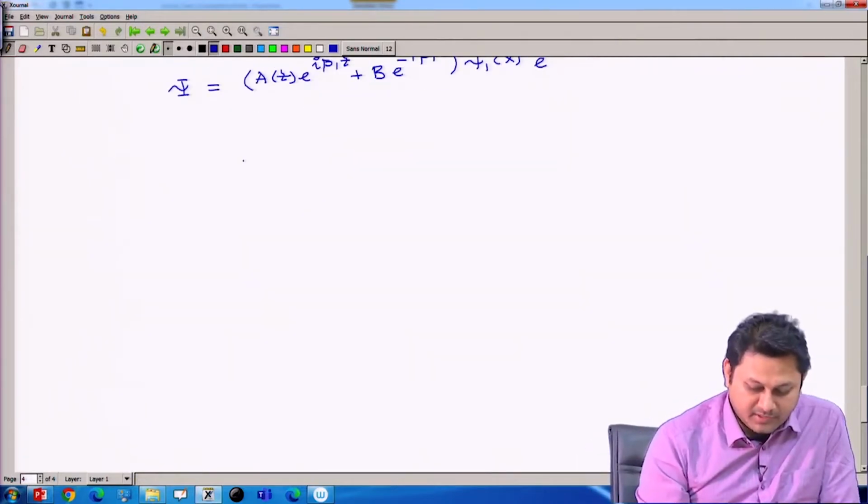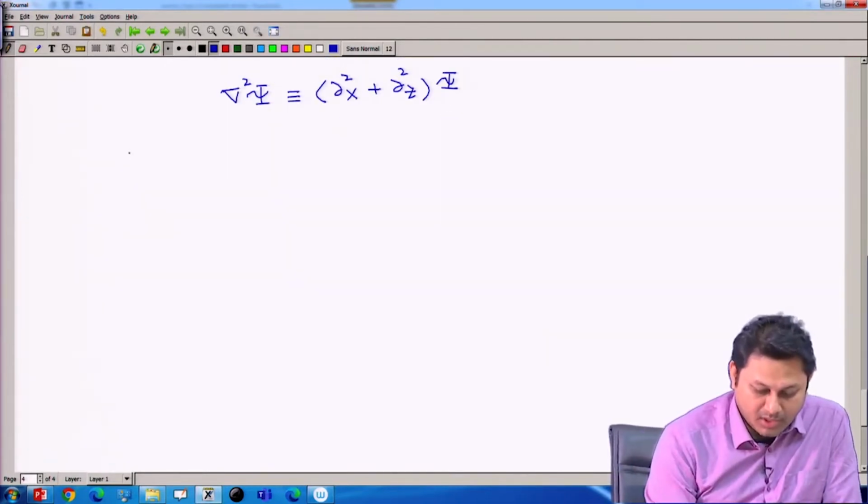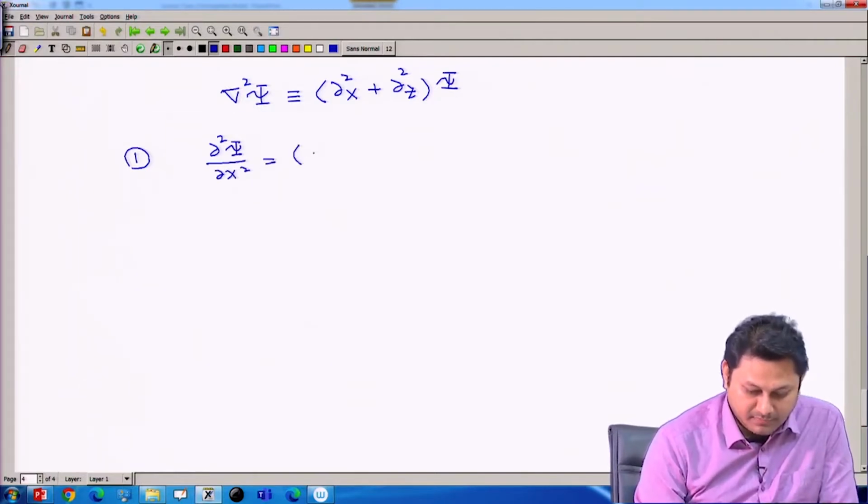Then I tried to execute this term, which is sitting in the left hand side. This is equivalent to the Laplacian of psi, and we derived equation 1 as beta 1 square minus k 0 square n 1 square big psi.